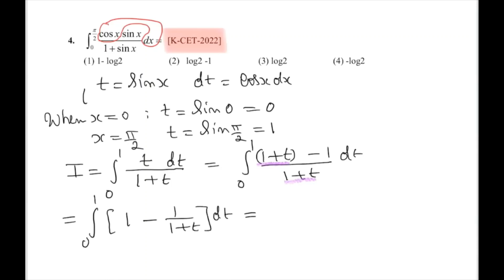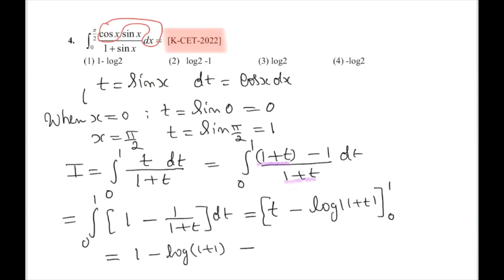Integral of 1 with respect to t is t, minus integral of 1 upon 1 plus t, which is log of mod of 1 plus t, between the limits 0 and 1. Upper limit 1 minus log of 1 plus 1, minus lower limit 0 minus log of 1 plus 0.